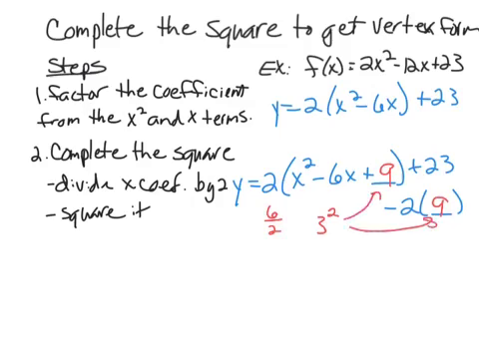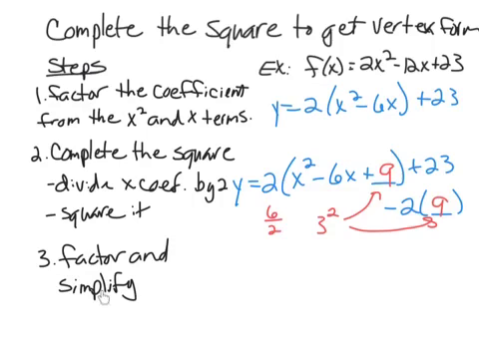If I add the 9 in here, I have to take it away out here. 9 times 2 is 18, so I have to subtract away 18. That way it doesn't change the meaning of my problem. Finally, I have to factor my perfect square trinomial and simplify my expression. X squared minus 6x plus 9. It should be pretty easy to factor. So I have my y value, or f of x. I have 2.